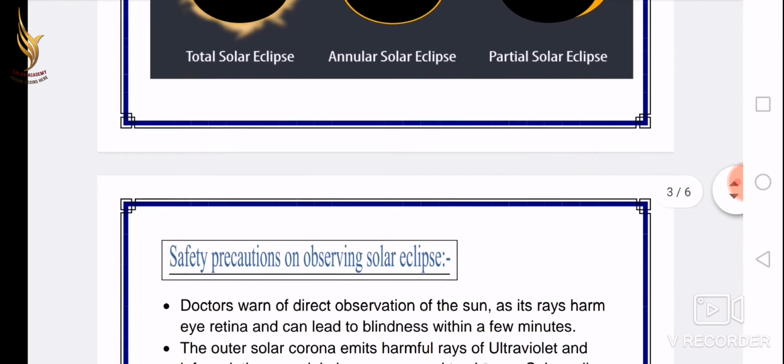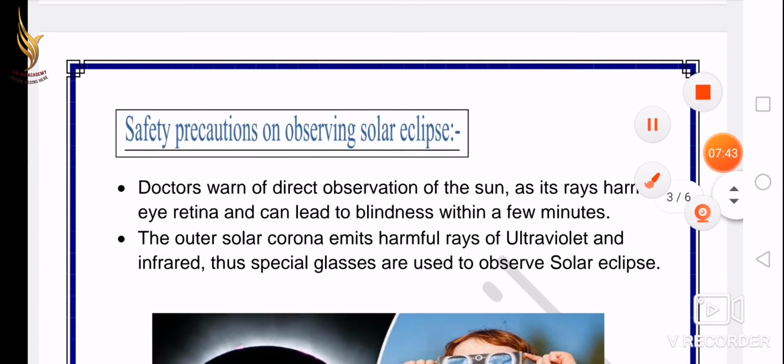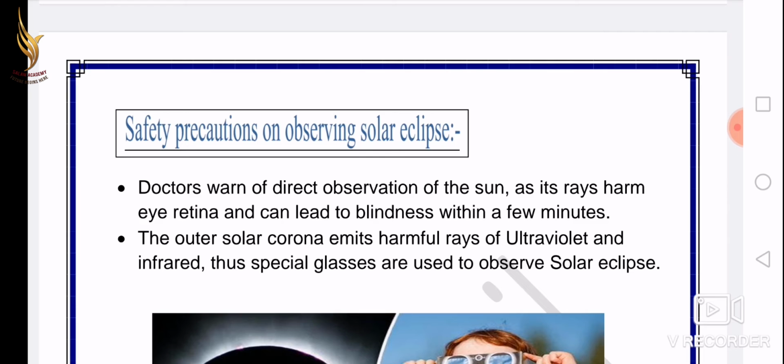Finally, we talk about safety precautions on observing the solar eclipse.